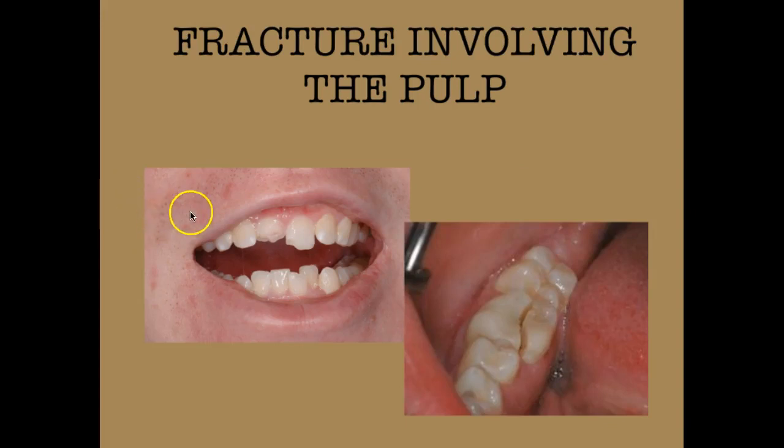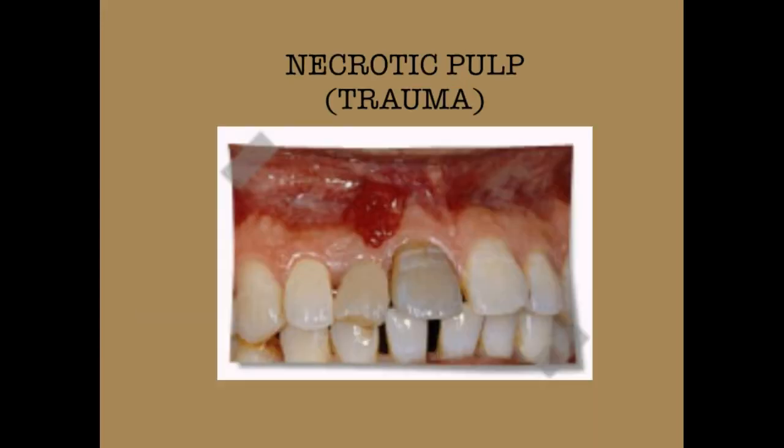Fractures involving the pulp. Here are some teeth that have been fractured, probably due to an accident, to trauma. Here's another fracture in a posterior tooth that may indicate endodontic treatment. Now, necrotic pulp, often caused by trauma to the teeth.